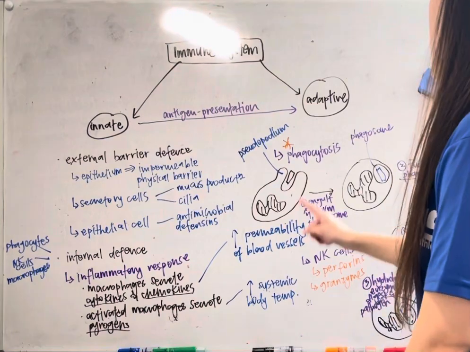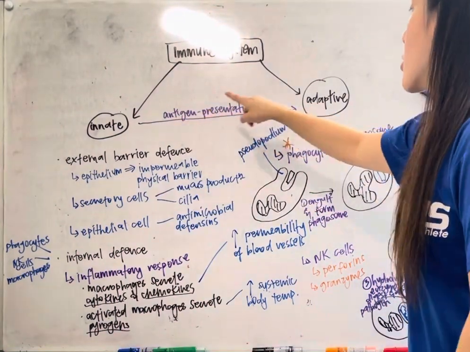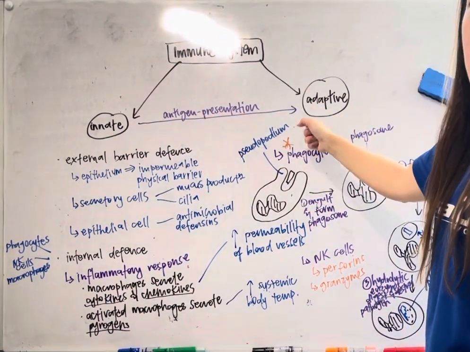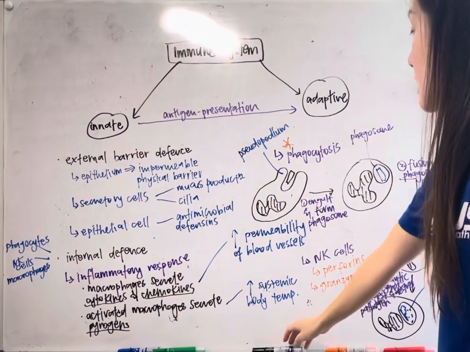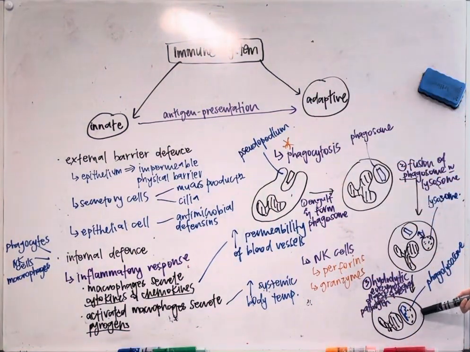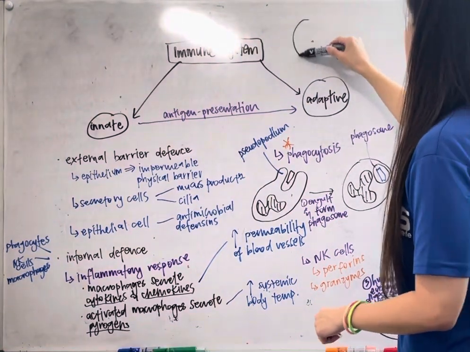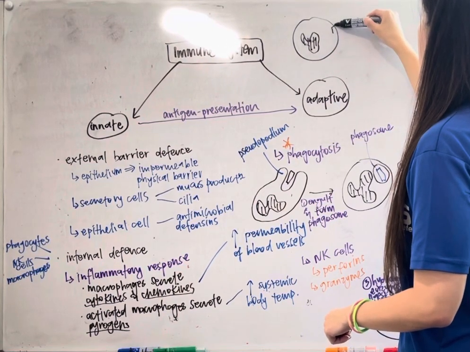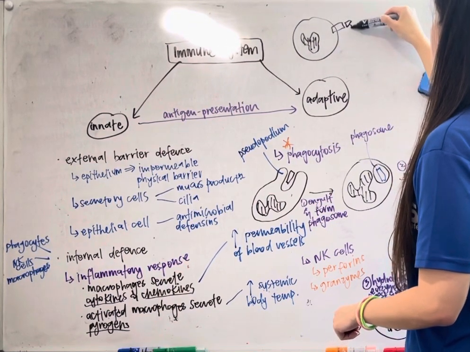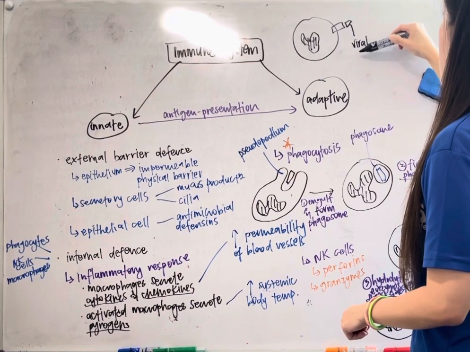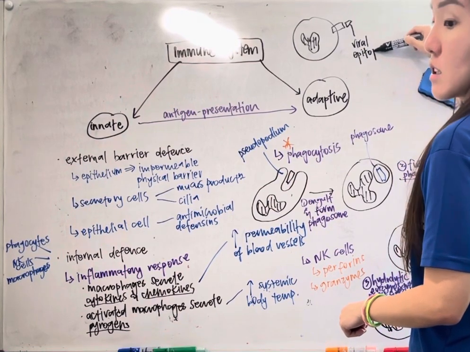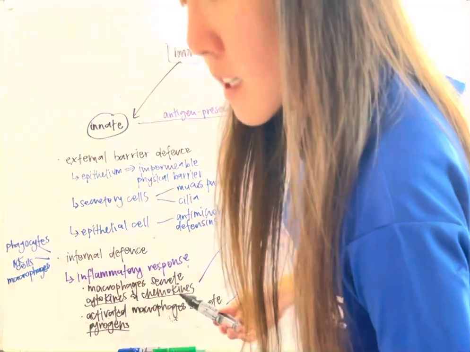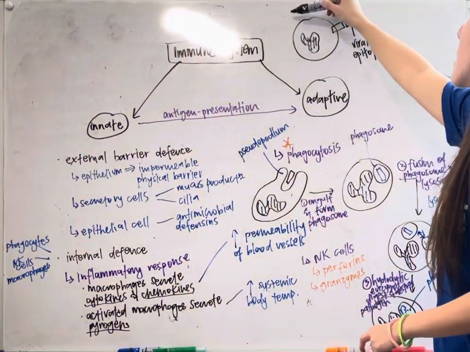Okay, so I already said this one is supposed to bring about antigen presentation. I said already in syllabus, later you can see. Once you destroy these pathogens and form these antigens, sometimes macrophages can present the viral epitope or any epitopes on the surface of the APC.